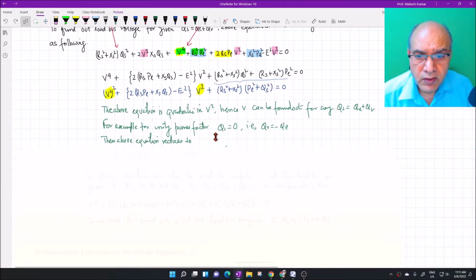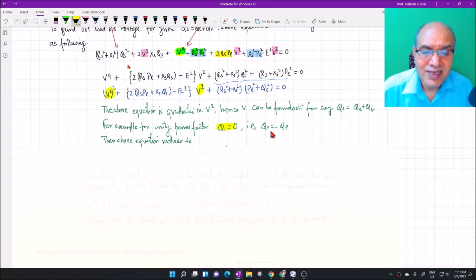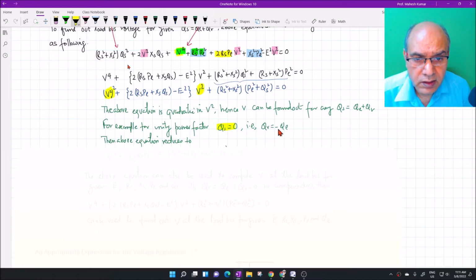Because if QS equals 0, that is the net reactive power at the load bus equals 0. That actually means Q gamma is exactly equal to QL with a negative sign. Or it means to say that all reactive power of the load is supplied by the compensator, and hence the power factor at the load bus is unity.